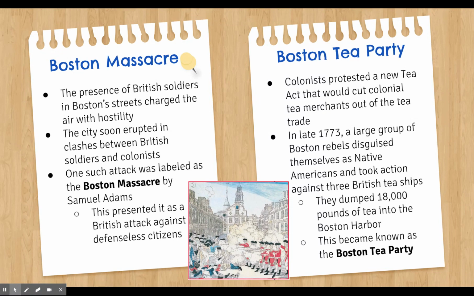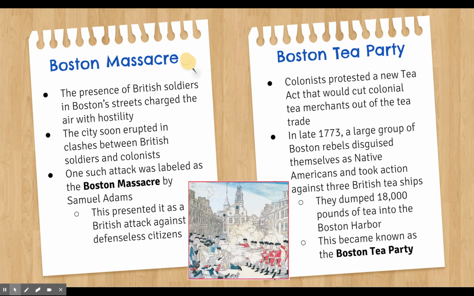So the Boston Tea Party. Colonists protested a new Tea Act that would cut colonial tea merchants out of the tea trade. It was this weird tax that basically made it cheaper for them to buy foreign tea than American tea. So they were very, very upset about it. In late 1773, a large group of Boston rebels disguised themselves as Native Americans and took action against 3 British ships.